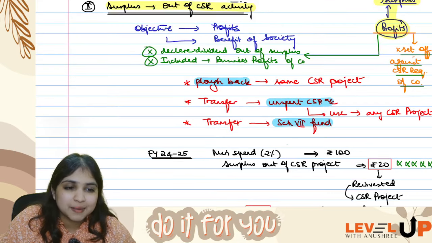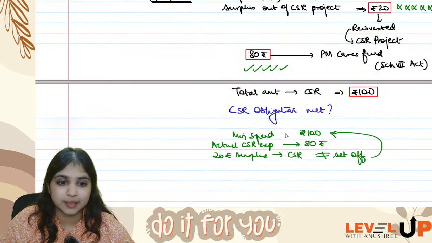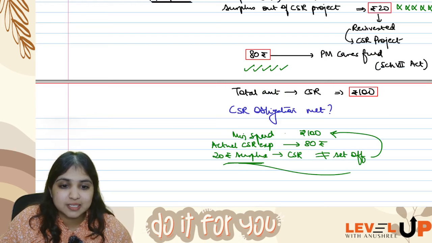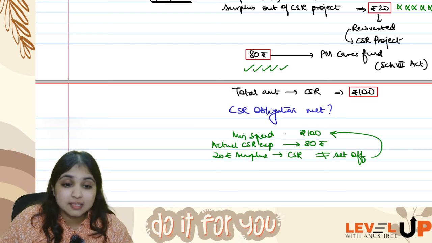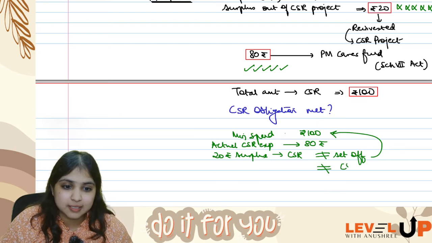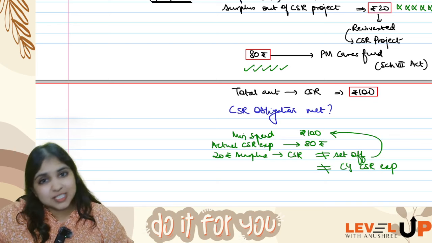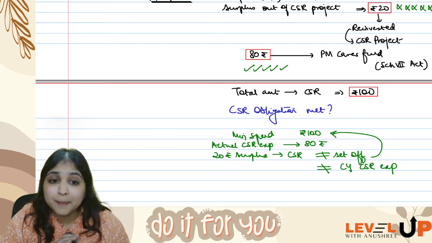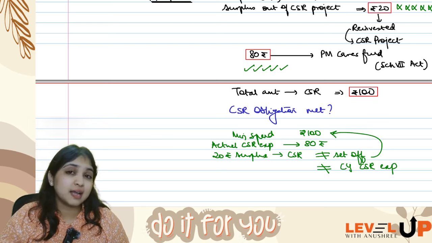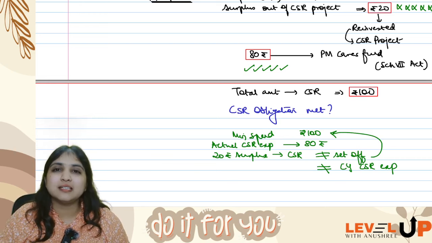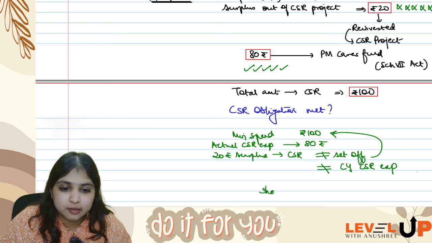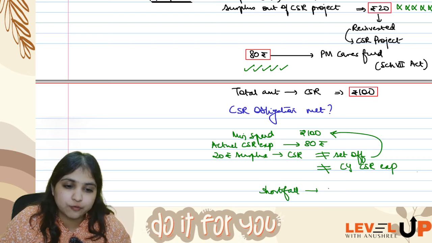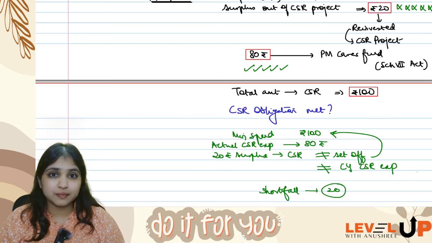This 20 rupees surplus cannot be set off against the spending requirement of 100 rupees. Yes, this 20 rupees was spent on CSR, but it cannot be considered as if the company has spent this 20 on CSR. So in the current year, there is a shortfall of 20 rupees.